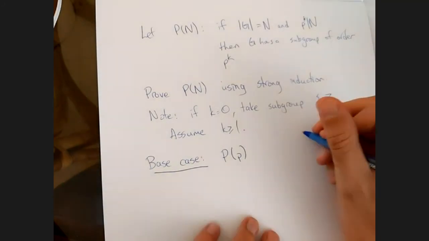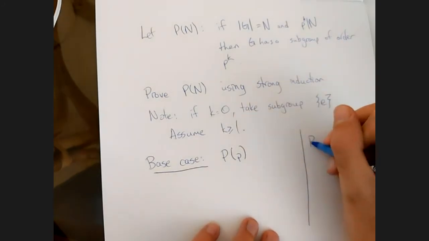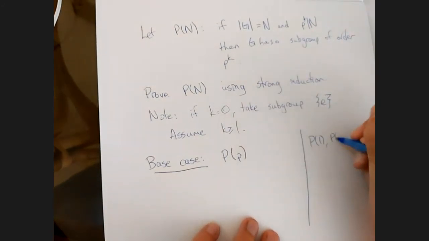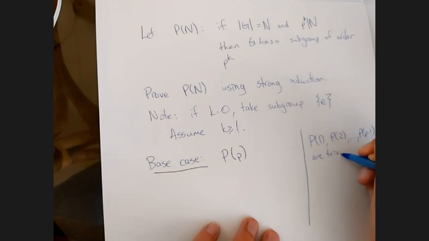Let me just say in brackets, P of 1, P of 2, up to P of p minus 1 are trivial since p to the k cannot divide any number between 1 and p minus 1.